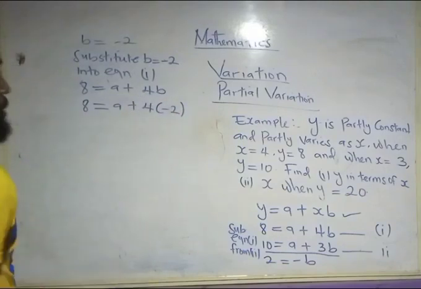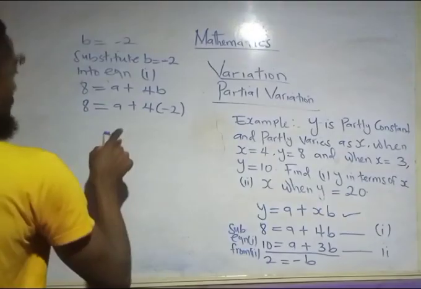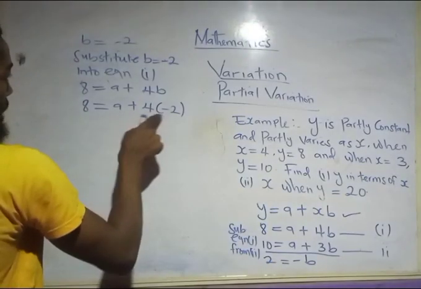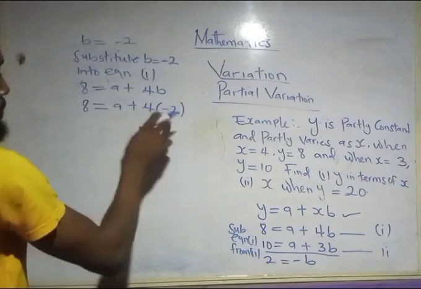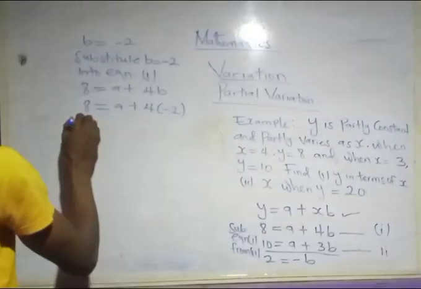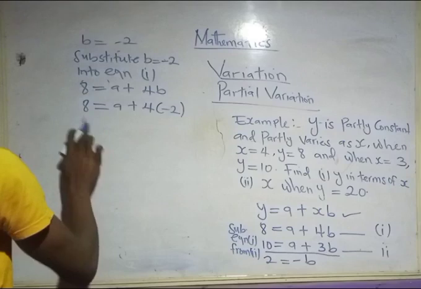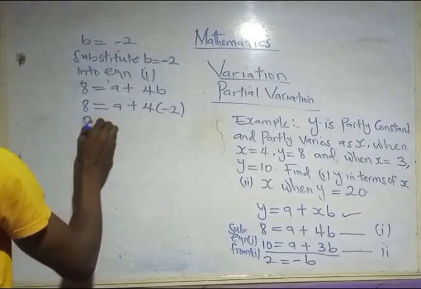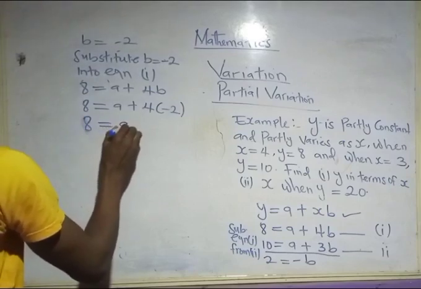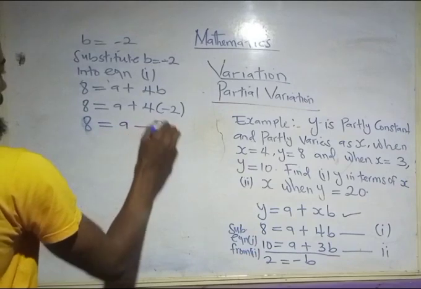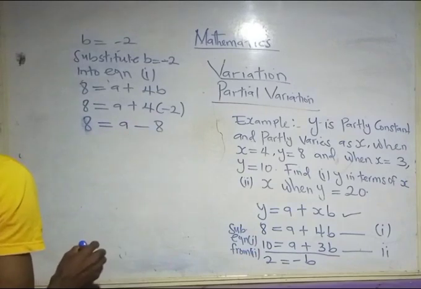Now 4 times minus 2 is minus 8. Remember that this plus and minus will affect each other. So plus minus is minus. So we have it this way: 8 is equal to a minus 8. What do we need to do?